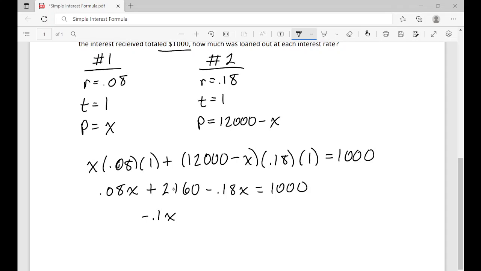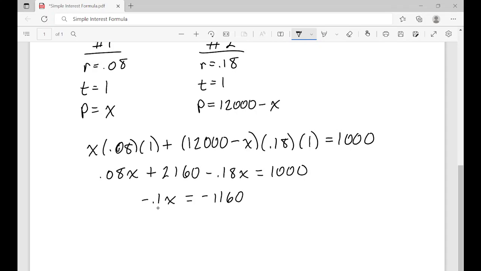And then I can subtract the 2160 over here, and I'm going to get negative 1160. And now I can divide by negative 0.1 on both sides, and I'm going to get x equals 11,600.